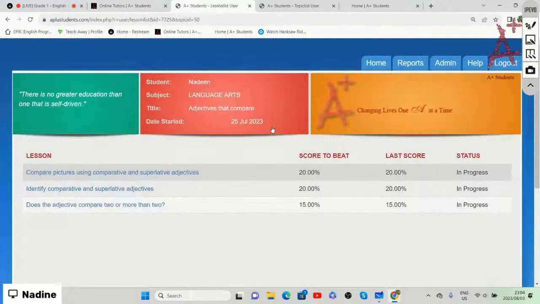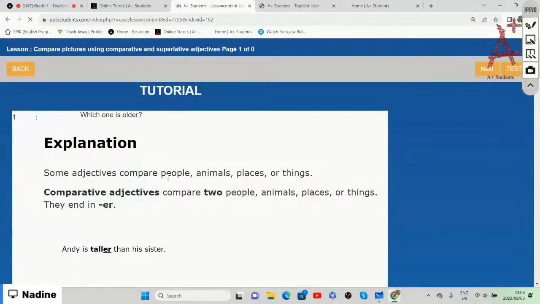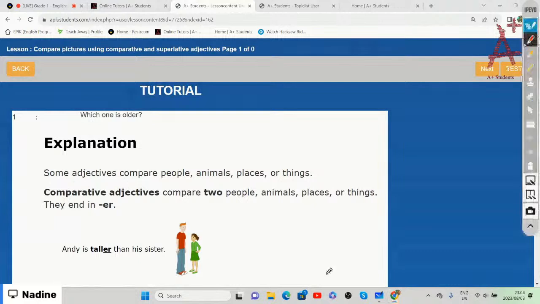All right, so we are now going to go into the first one that says compare pictures using comparative and superlative adjectives. It says comparative adjectives compare two people, animals, places, or things.